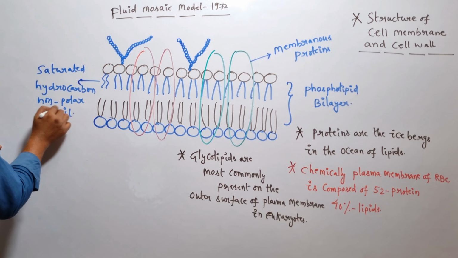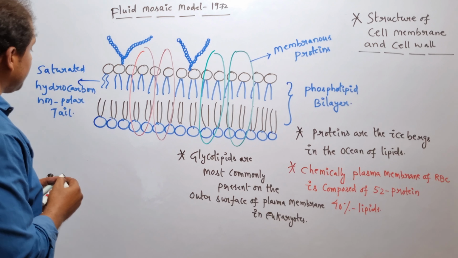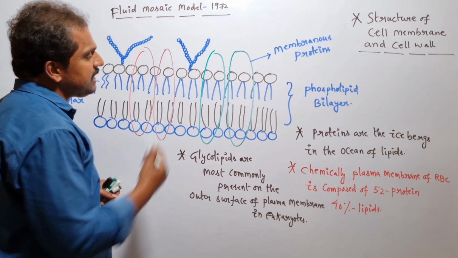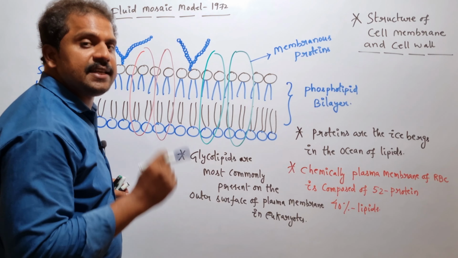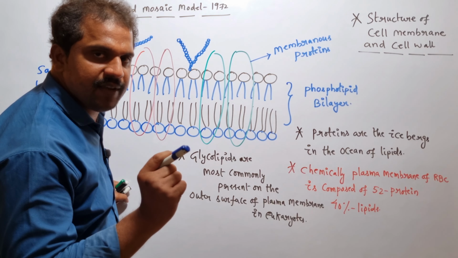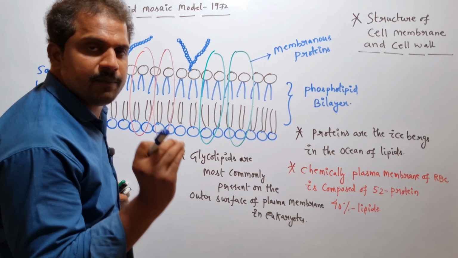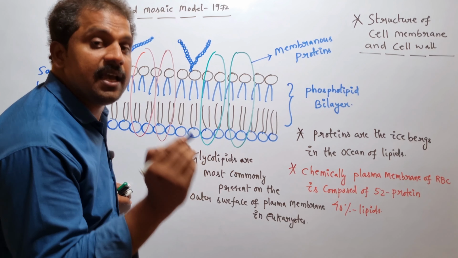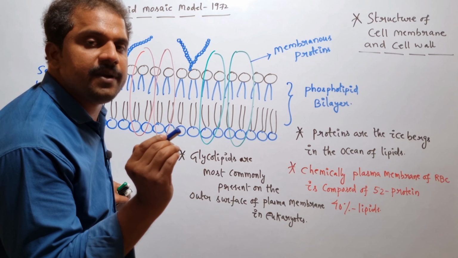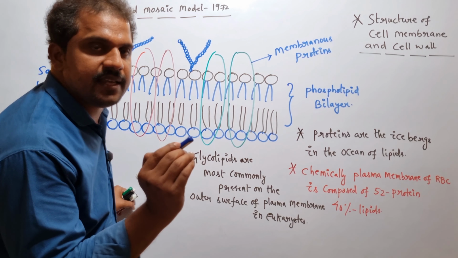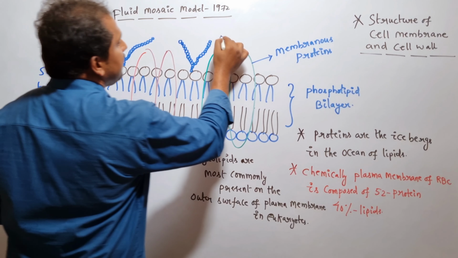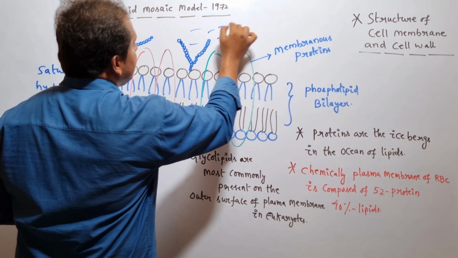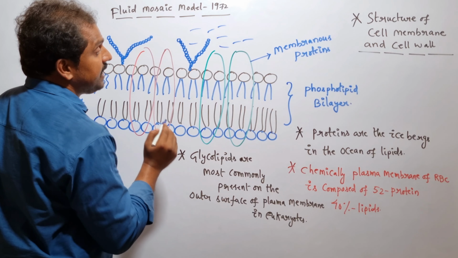So most commonly the saturated hydrocarbon non-polar tail is present on the interior side because it is hydrophobic in nature. In the same way, the head portion of the phospholipid molecule is exposed to the outer side because it is hydrophilic in nature. If we consider the outermost region, it is enriched with what?